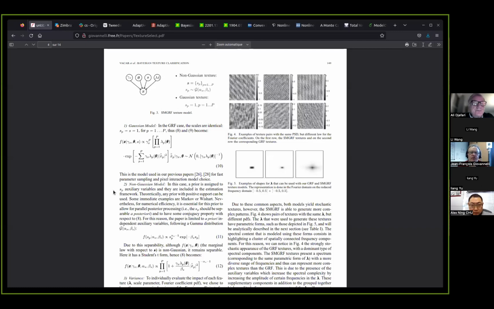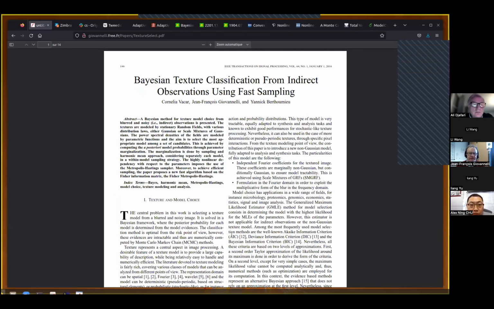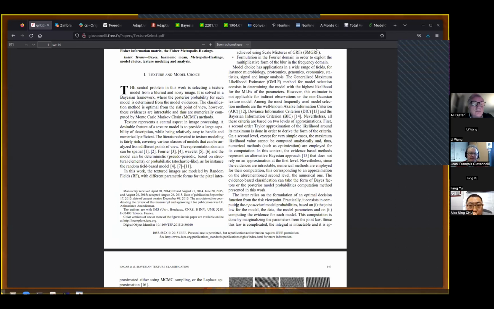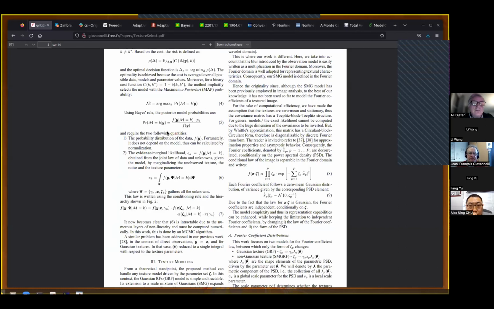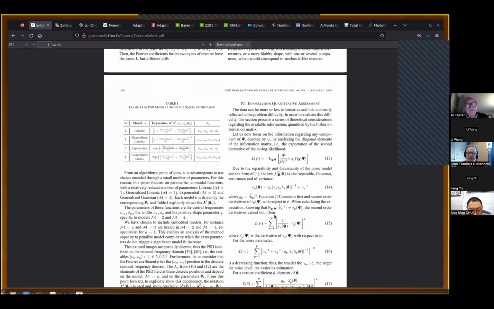It is devoted to another problem, based on model selection and texture classification, but it is based on the same texture model. So we have things about model selection, but regarding the sampling, we have the same model for the image and the sampling of the texture parameter. We compute the Fisher information by derivation of the log of the probability distribution.